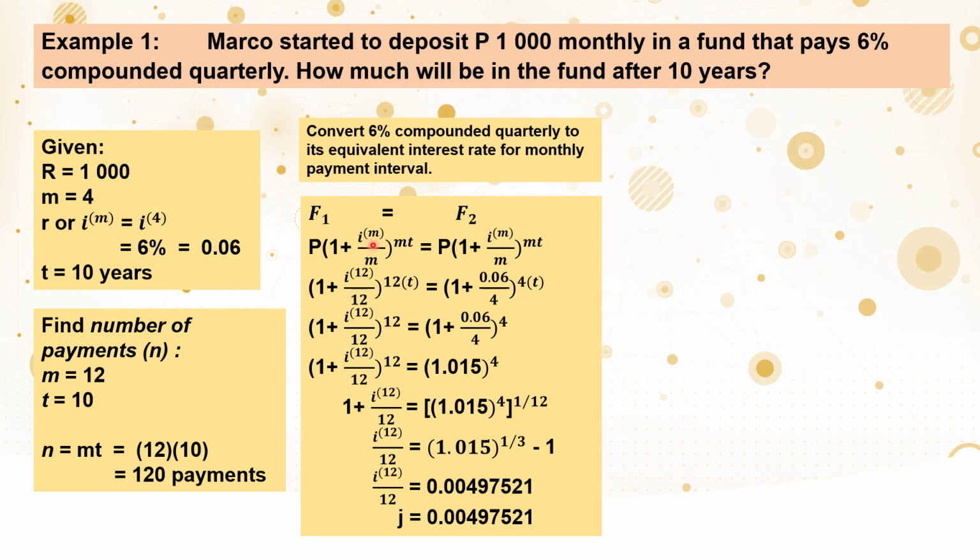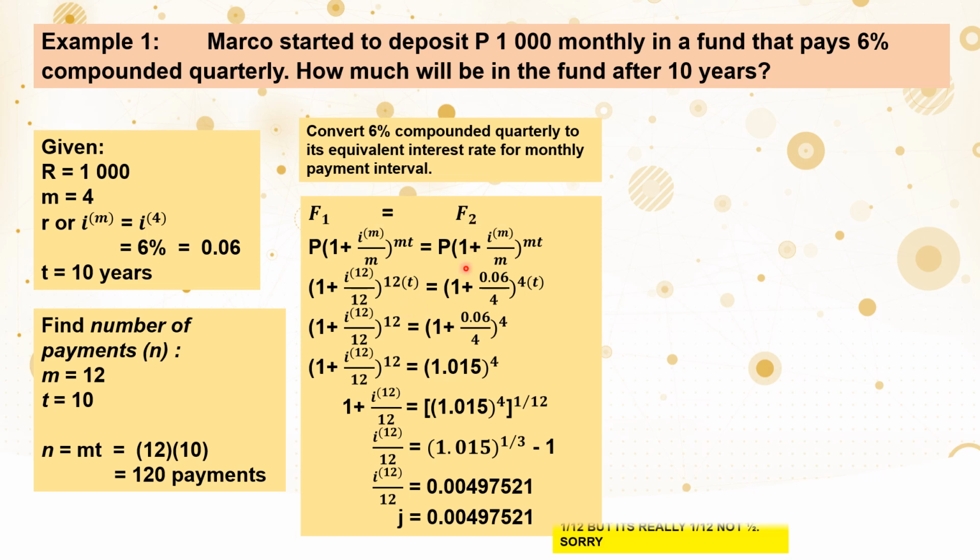Palitan lamang yung M ng 12. So 12 over 12, then we have 12P. Then, just drop the P on both sides. Mapapansin nyo, wala na yung P dito, wala na rin dito. Ang meron na lang ay yung sa loob ng parenthesis at yung kanilang exponent.